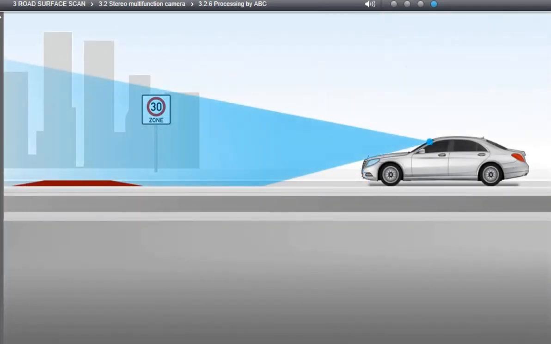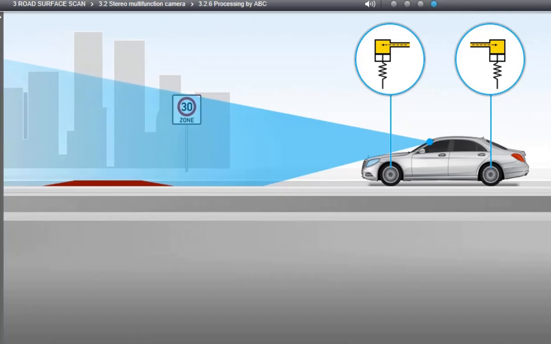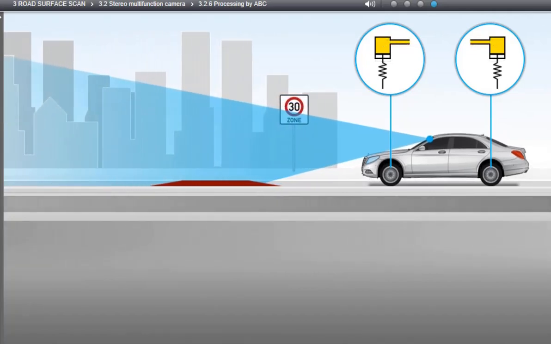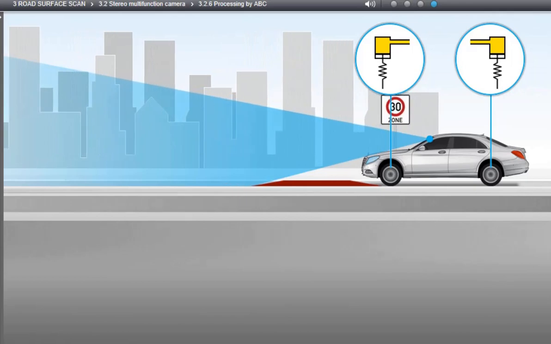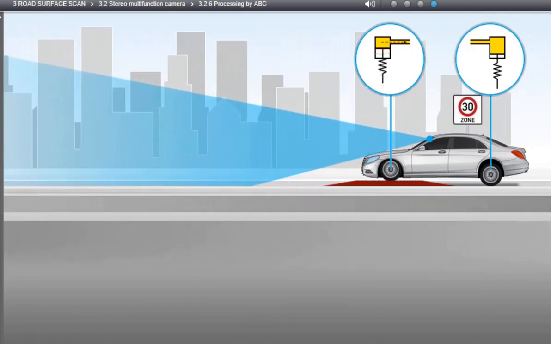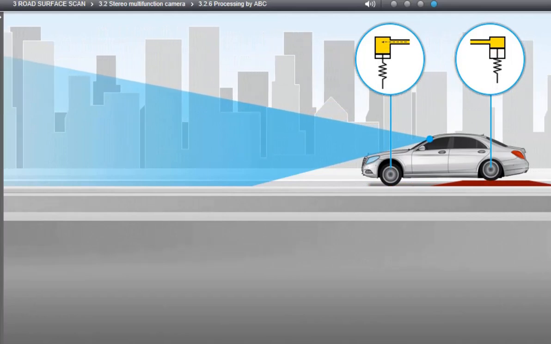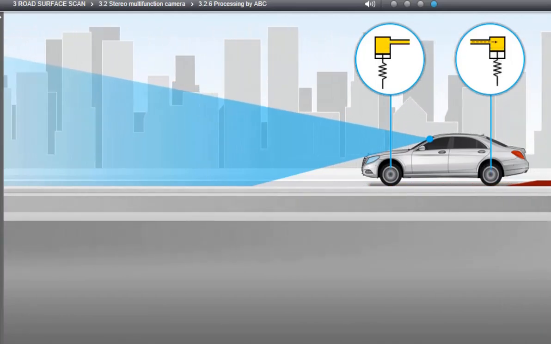Once the stereo camera detects a braking threshold and reports this to the active body control unit, it opens the control valves for the oil feed to all 4 hydraulic cylinders. The generally increased oil amount in the hydraulic cylinders imperceptibly raises the vehicle level until the wheels can roll over the surface undulation without changing the position of the body, with the active body control unit switching over the control valves of the hydraulic cylinder at the right moments.